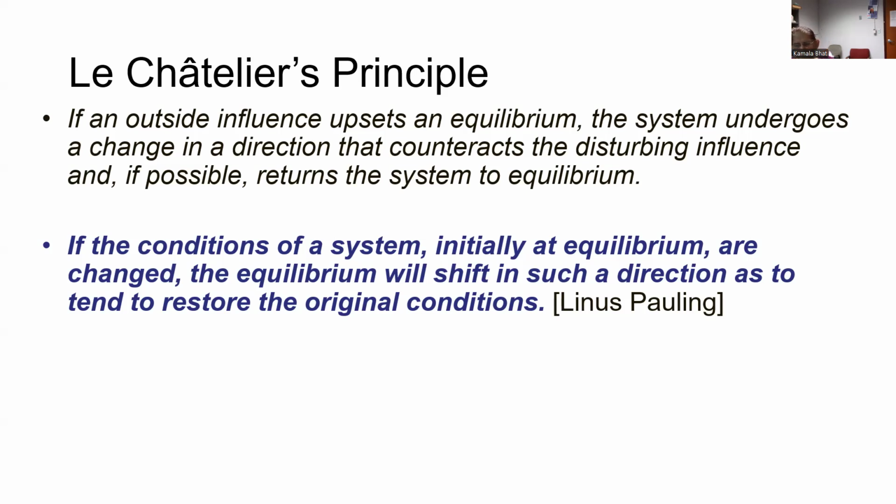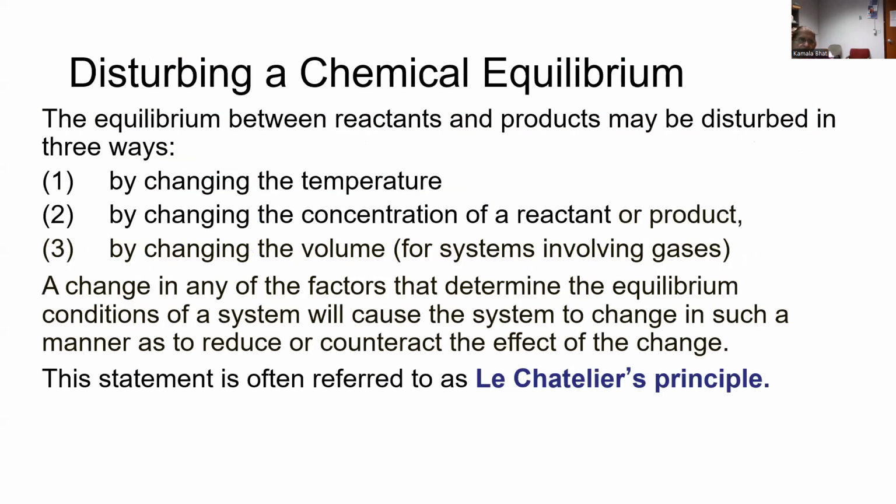And if possible, at the end, the system will try to return to its equilibrium. If the conditions of a system initially at equilibrium are changed, the equilibrium will shift in such a direction so as to restore the original conditions. And this is the basic concept of it.